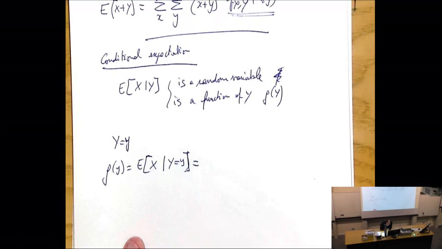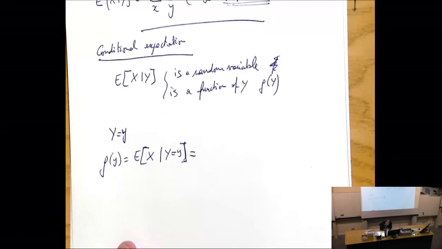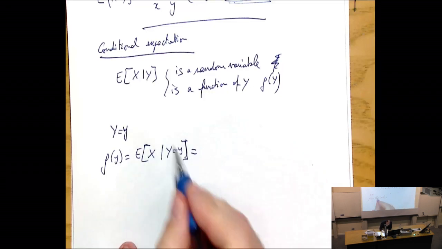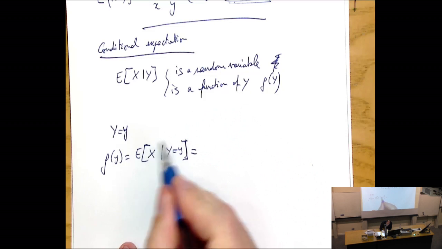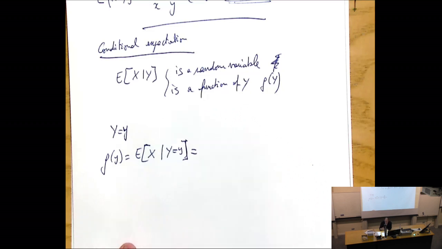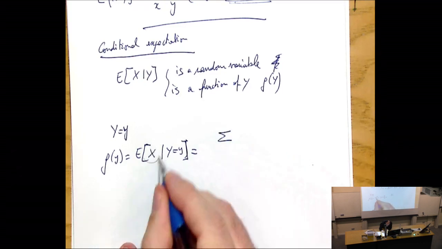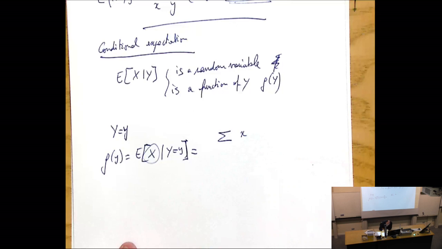So how can we define this? Well, similar to what we had with the conditional probability, you see that you have conditions here. So what you expect is you're going to get a conditional probability density function or conditional probability mass function. If it's an expectation, what that means is a weighted sum. So I sum over all x, multiplied by what?